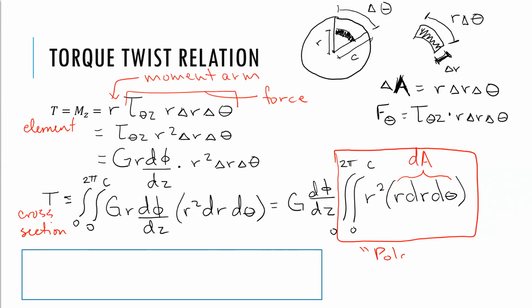Does the expression polar moment of area ring a bell? No. What about J? No. What about I? Do you remember capital I? All right. So there was this thing back in statics called the moment of area, also called your second moment of inertia.